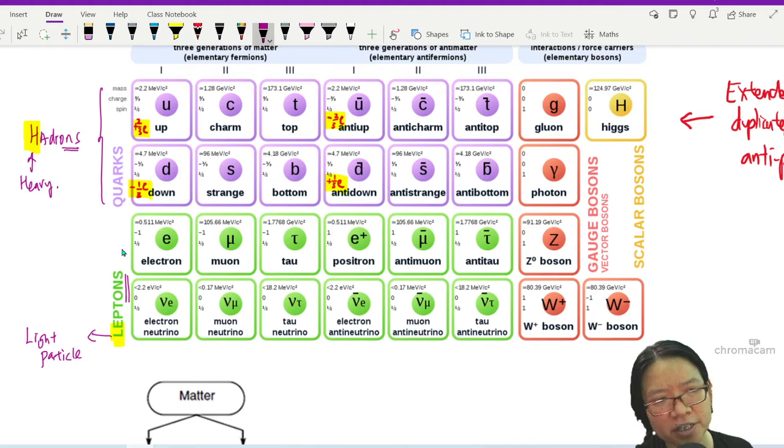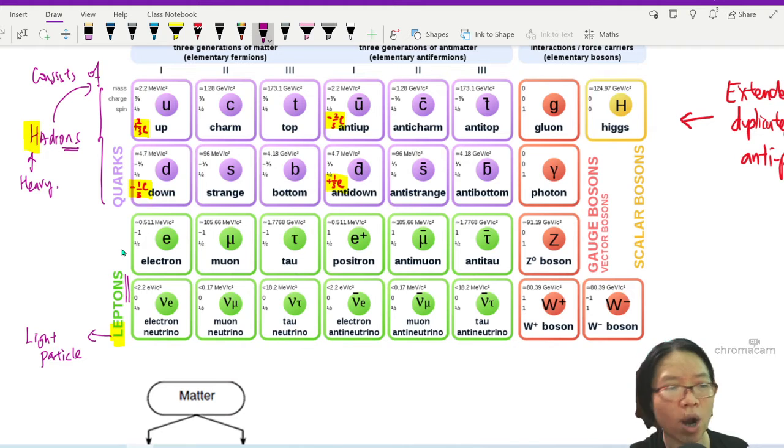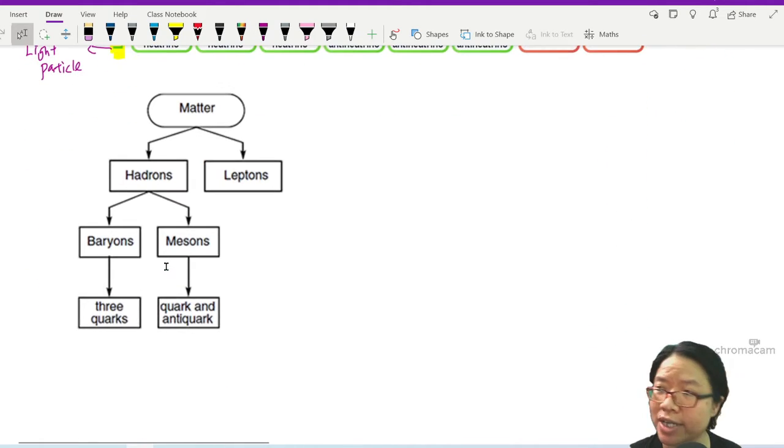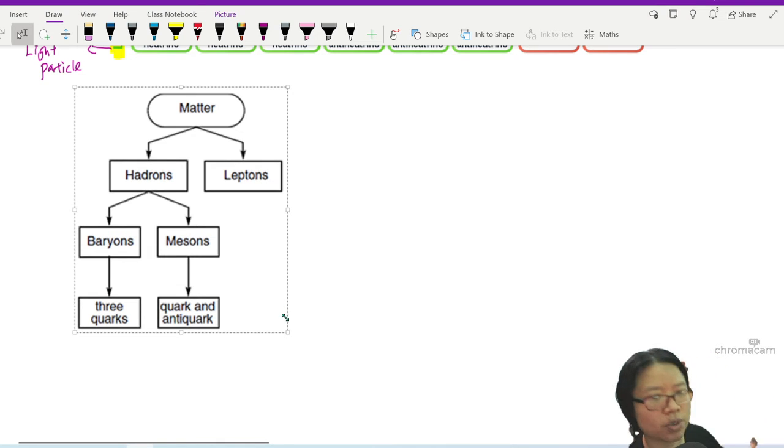I find that easier to recall. So hadrons consist of quarks. Different combinations of quarks. So that's why when we classify matter, we can have hadrons, we can have leptons.